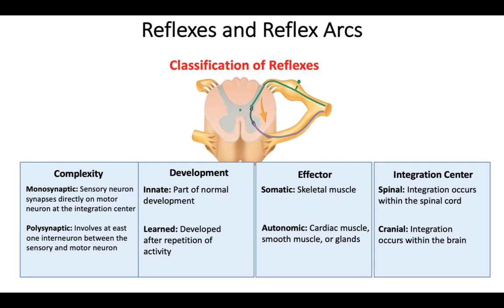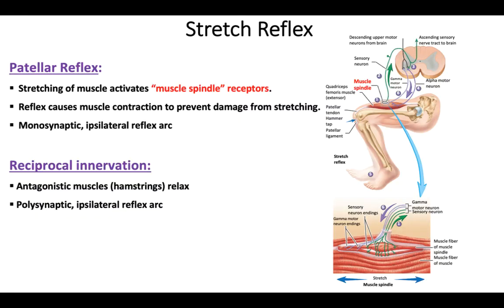So maybe you're getting some irritation and you have a quick production of tears. Your heart, there are reflexes that cause your heart to speed up. And then finally, where the integration occurs, spinal versus cranial. So there's a number of different ways to classify reflexes. We're going to look at some examples.